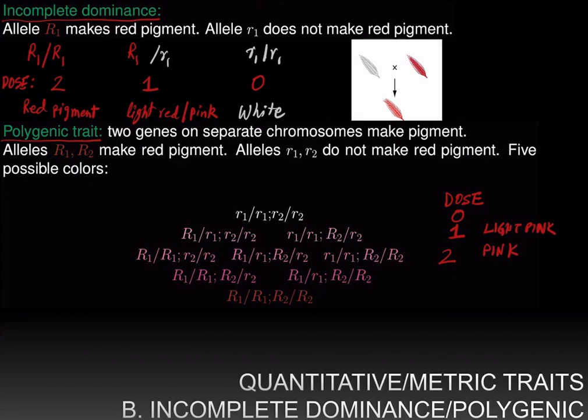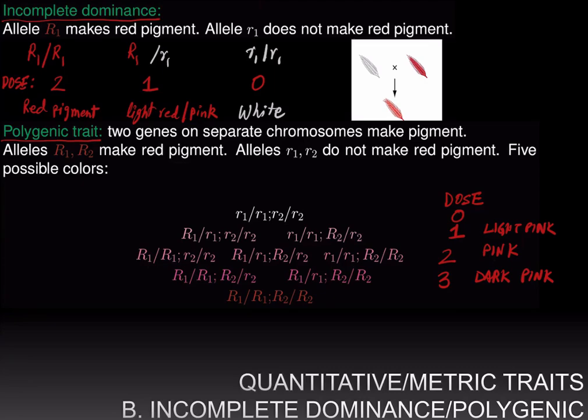And if the individuals have 3 pigment making alleles, so they're homozygous for big R1 and het for the second gene, or they're het for the first gene and homozygous for the big R2 allele, then they have a dose of 3, and perhaps they are dark pink in color.